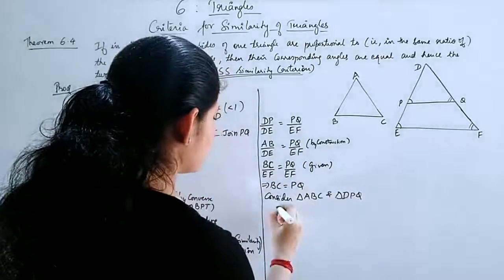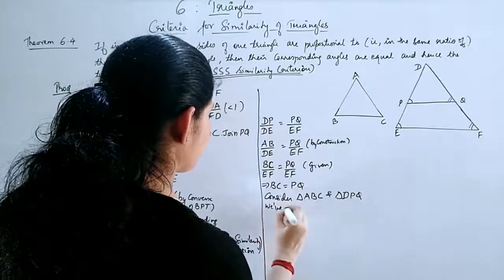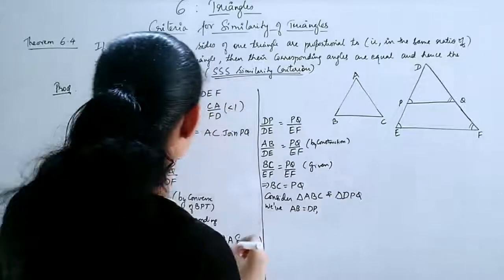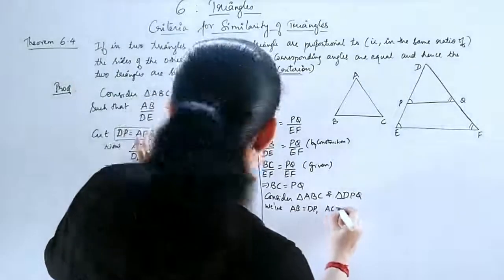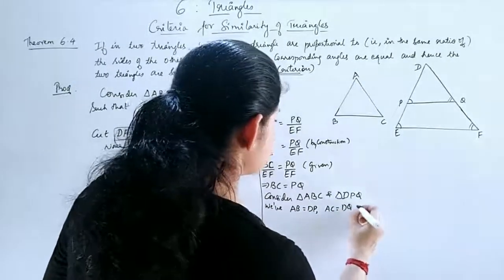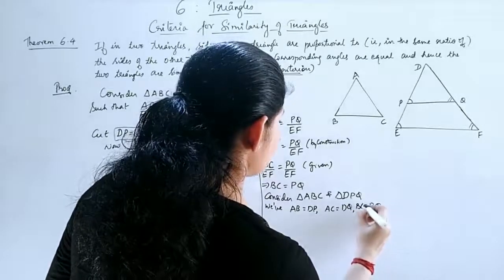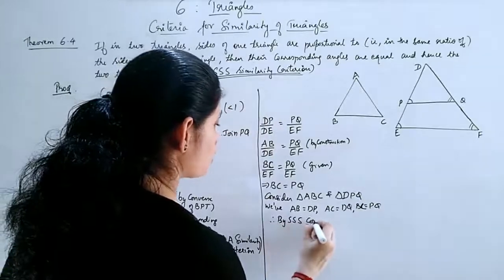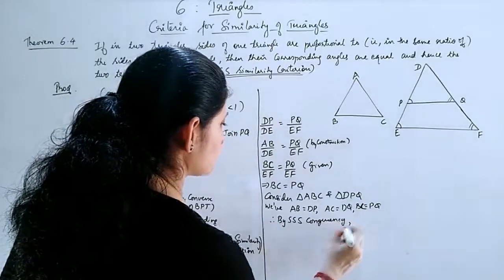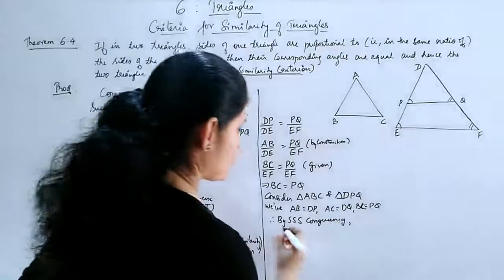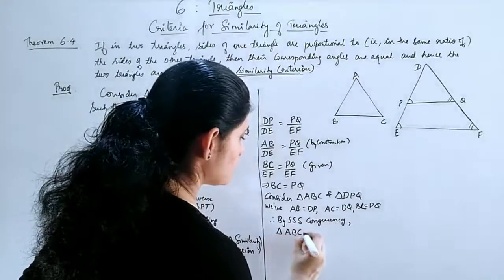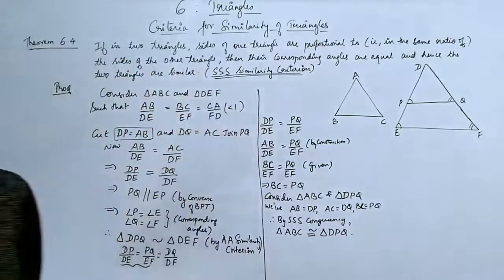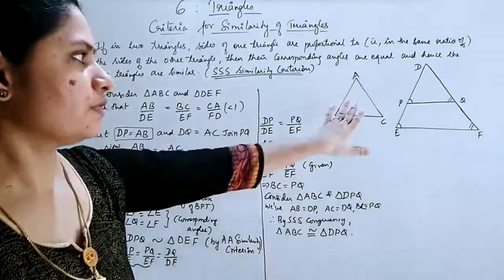Considering these two triangles, we are getting AB equal to DP, AC equal to DQ and BC equal to PQ. Therefore, by SSS congruency, triangle ABC is congruent to triangle DPQ. We got the congruency of these two triangles.